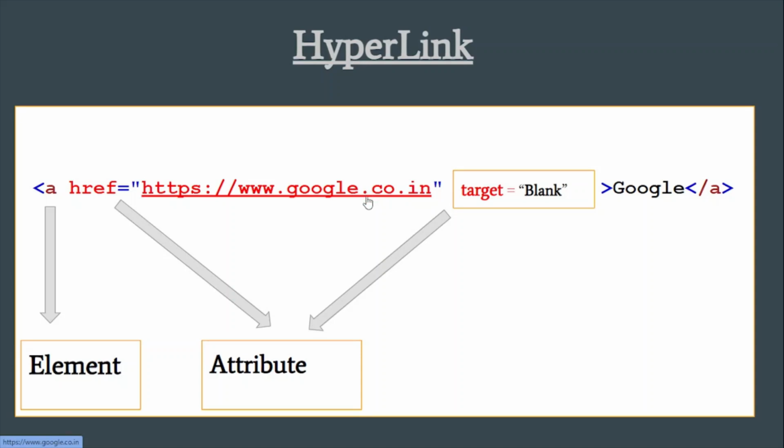If you want to navigate to the Google web page, when you click on Google, this link will navigate to another tab or within the same page also. If you want to navigate within the page or to another website, then we will use these hyperlinks.